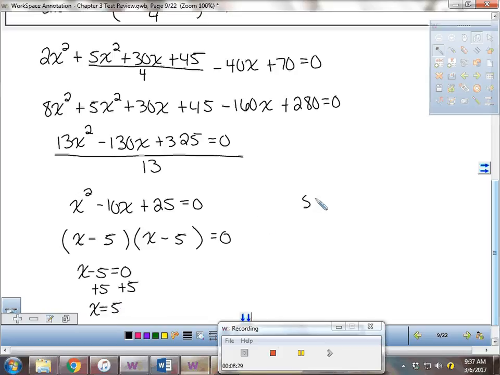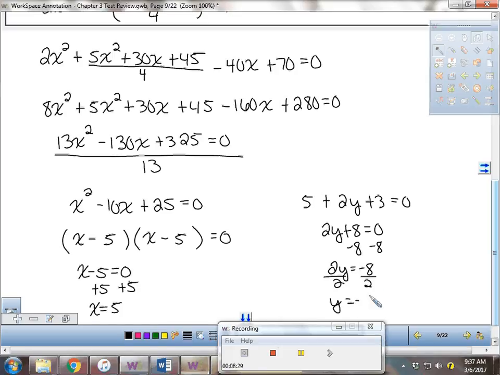So I've got 5 plus 2y plus 3 equals 0. 2y plus 8 equals 0. Subtract the 8. 2y equals negative 8. Divide by 2. Y is negative 4. So my point would be 5, negative 4.